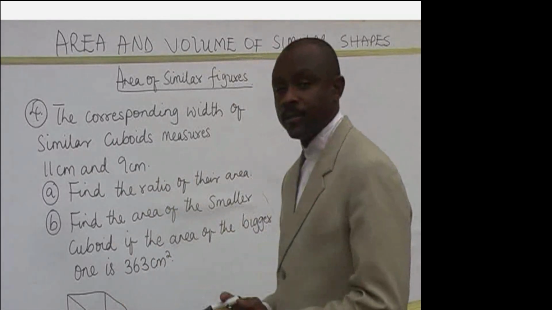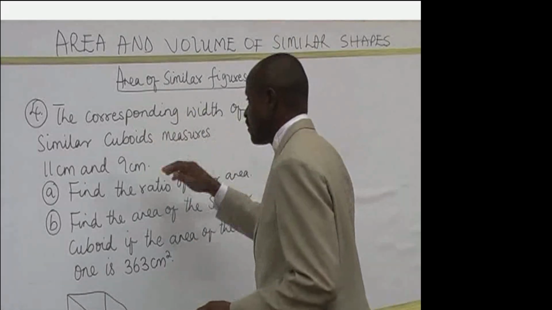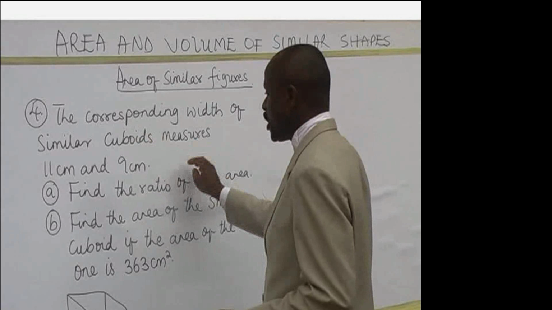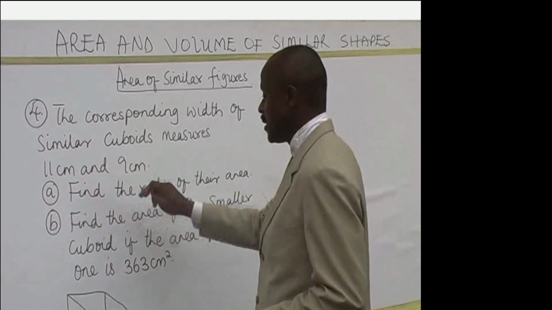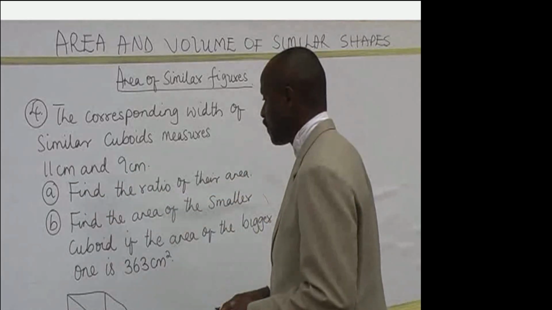That is a cuboid. Okay, they say that the corresponding widths of similar cuboids measure 11 cm and 9 cm. 11 cm for the larger one, 9 cm for the smaller one.